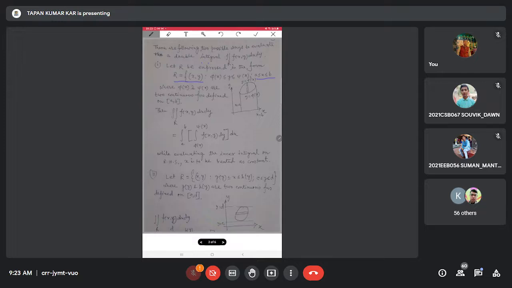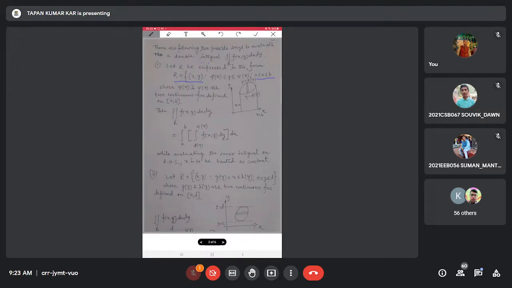What is the meaning of this? The region R over which you have to integrate the function f(x,y) is defined in this way: y varies from phi(x) to psi(x) and x varies from a to b.